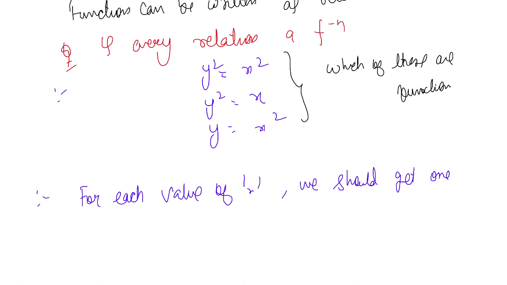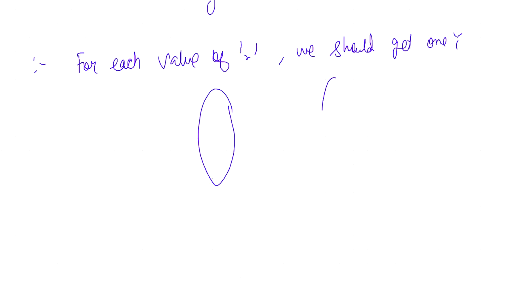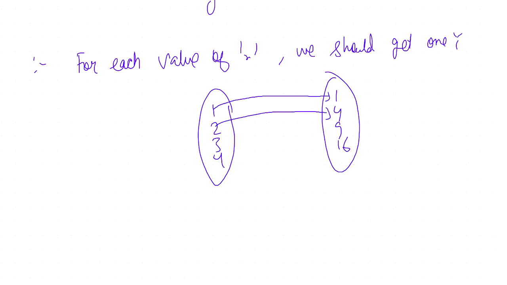If I take x as 1, I get y as 1. If x is 2, y is 4. If x is 3, y is 9. If x is 4, y is 16. So for one value of x we get one y. For each value of x, I should get only one y.